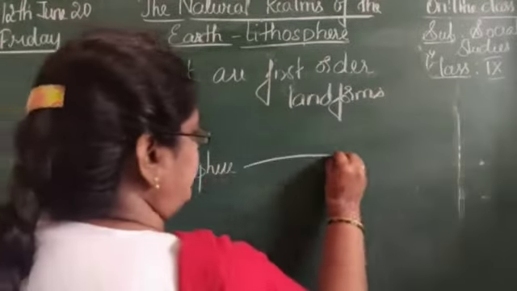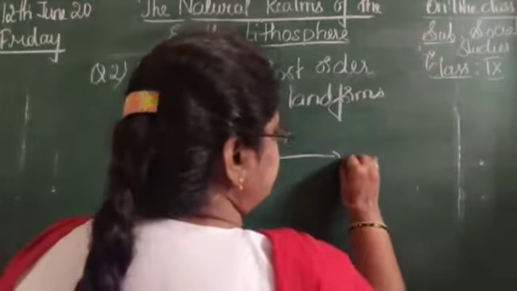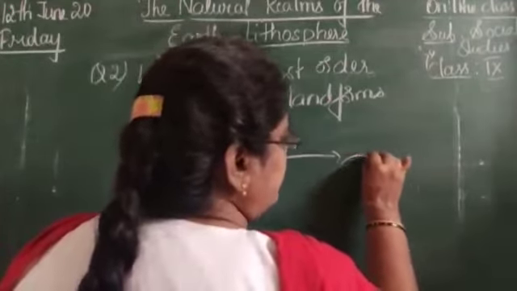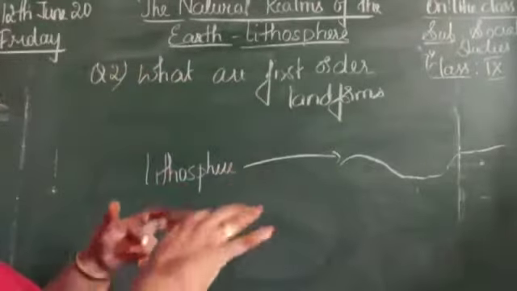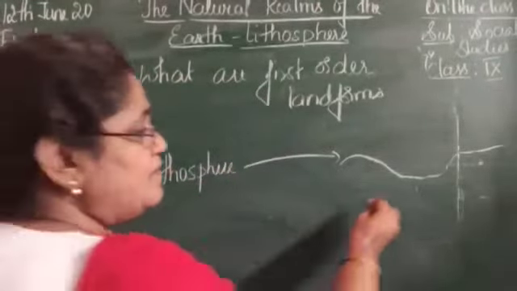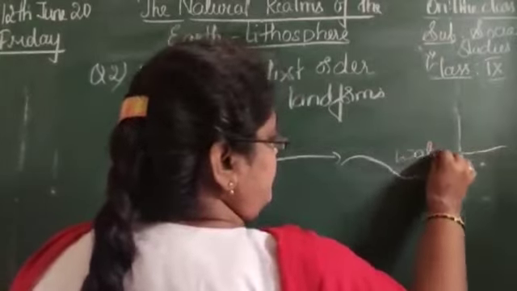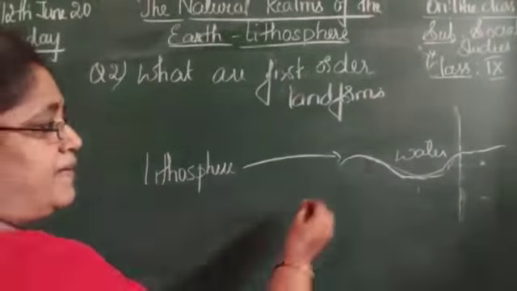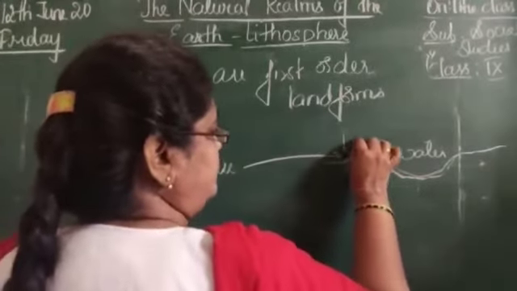On this lithosphere, I told you it's not even, plain, it's uneven. So like basins and then land. Wherever the low area is, the water has taken its place, and the other pieces were land.